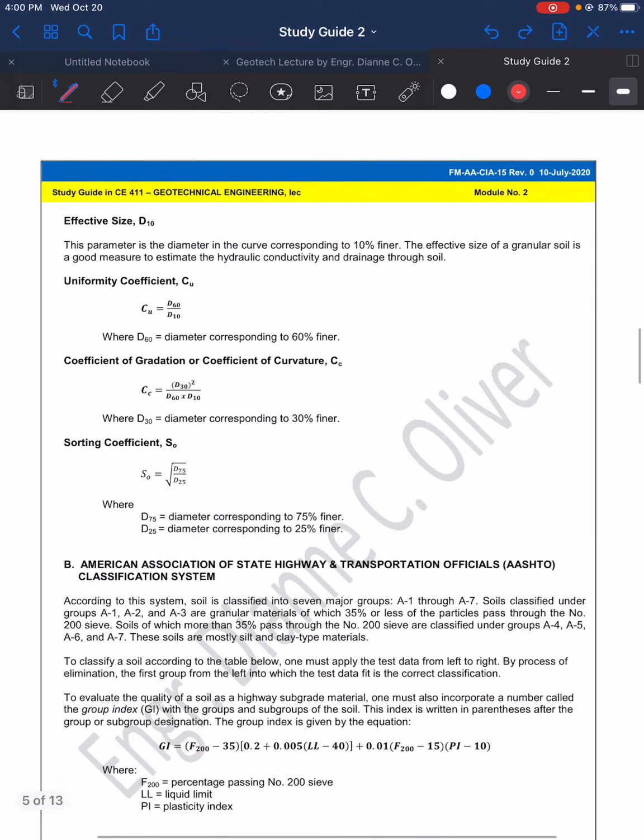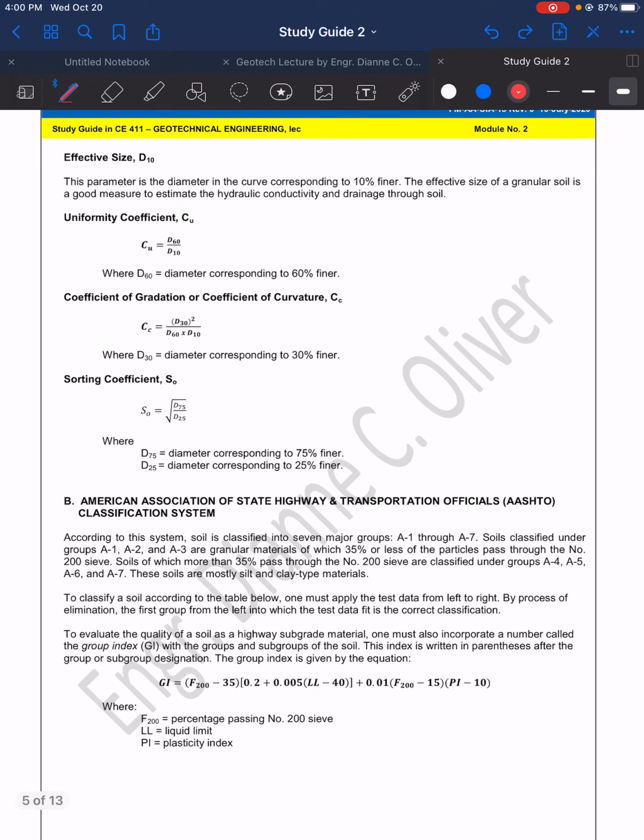So what are those formulas? We have the CU and the CC. The CU is defined as the uniformity coefficient. The CC is named the coefficient of gradation or coefficient of curvature.